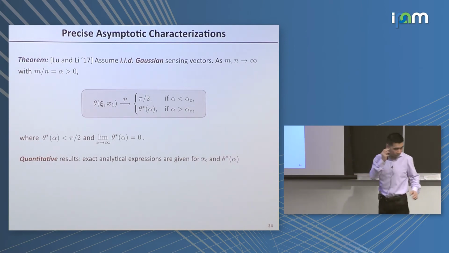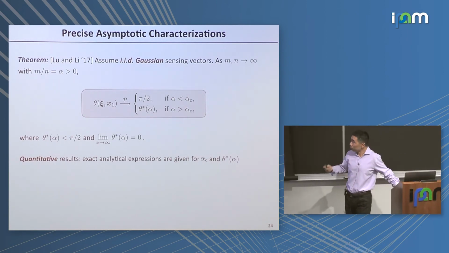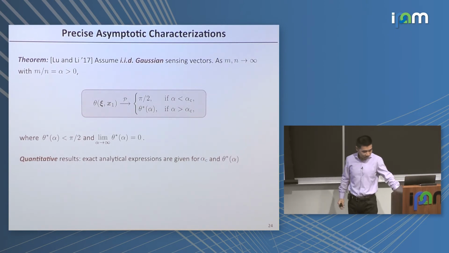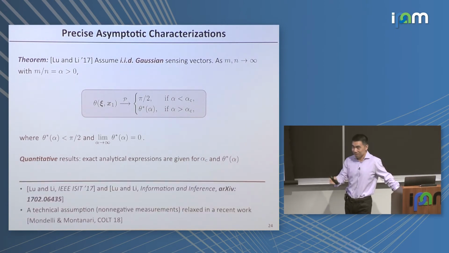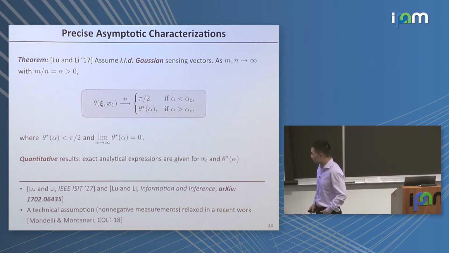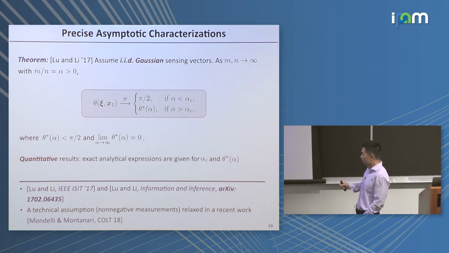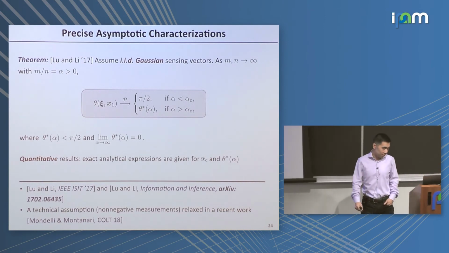I also want to mention that initially, when we did this work, we assumed the measurements, the yi's, are non-negative, for technical reasons. And again, Andrea and Marco did a nice piece of work relaxing that condition, showing that yi does not need to be positive.